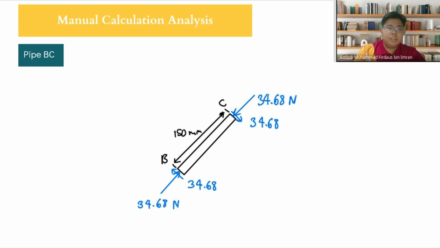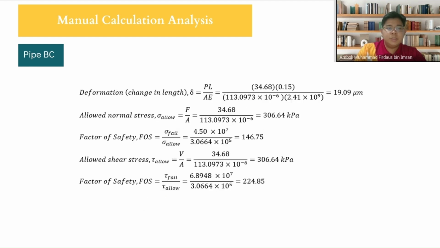After I have determined the shear and normal force, I reconstructed the free body diagram so that it will be easier for me later on in this analysis. The deformation follows the same formula, and the value turns out to be 19.09 micrometer, which is a little more than the previous deformation for pipe AB. The normal stress is 306.64 kilopascal.